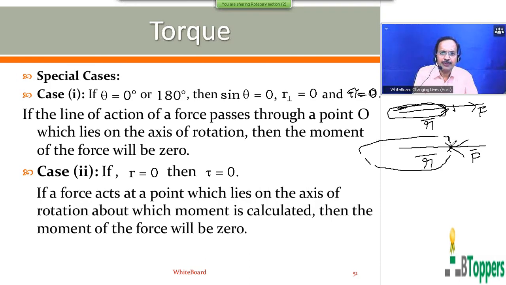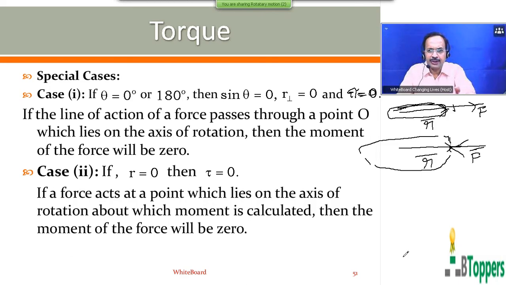In both these cases, moment of the force is 0 or torque is 0. If R is 0, then torque is 0. If a force acts at a point which lies on the axis of rotation, about which moment is calculated, then the moment of the force will be 0. So all these conclusions I have already explained and discussed. So if you are writing the notes, you can take a pause and finish writing the notes.